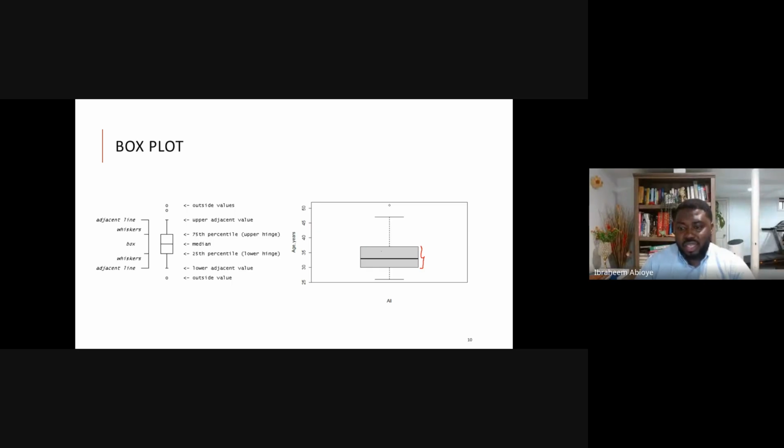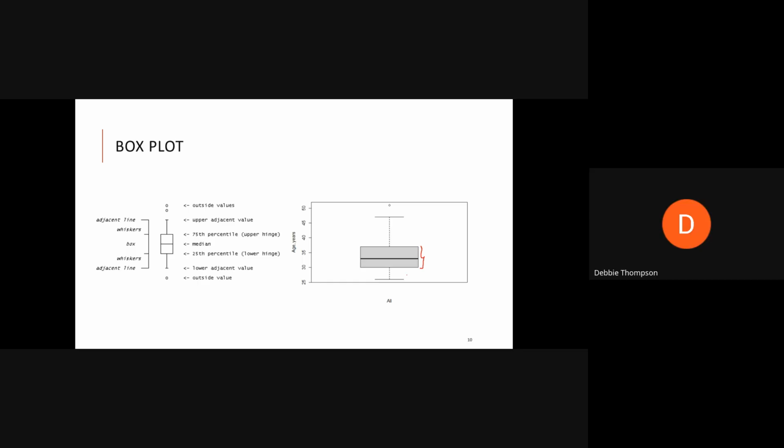You can also see that the whisker here is shorter than the upper whisker. Okay, this is long and this is short. What do you think this means for the data? Do you think this means that the data is skewed or not? Skewed.